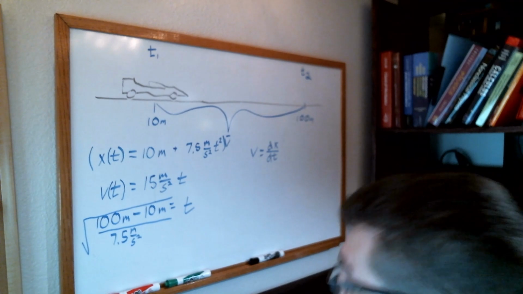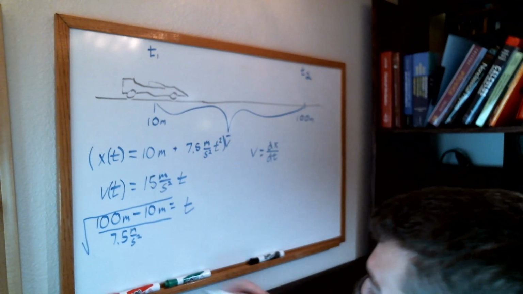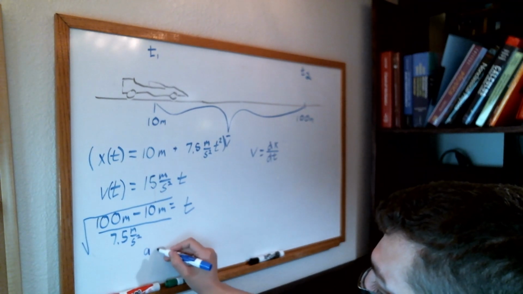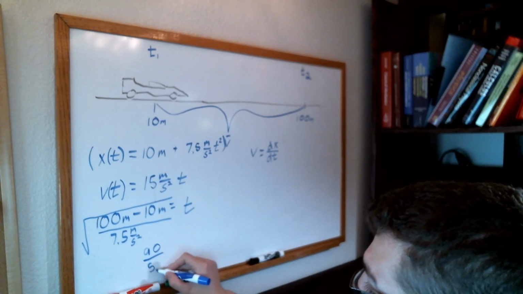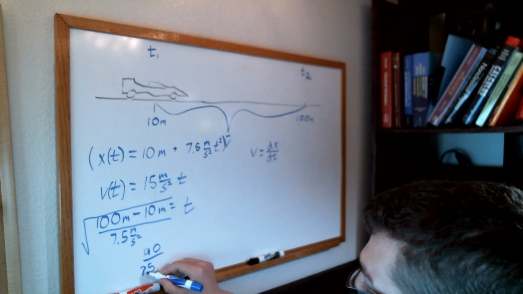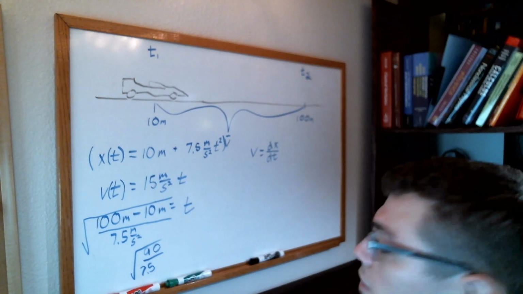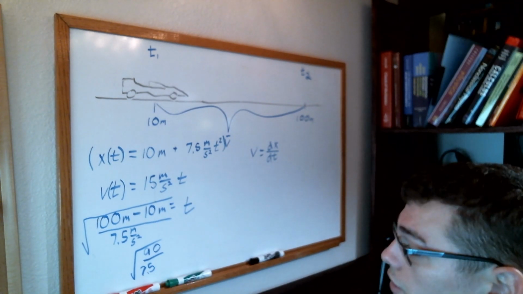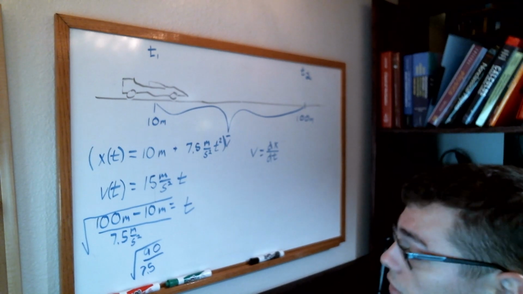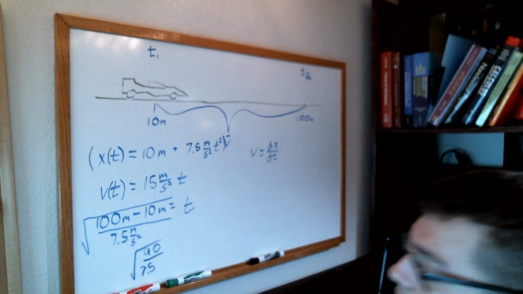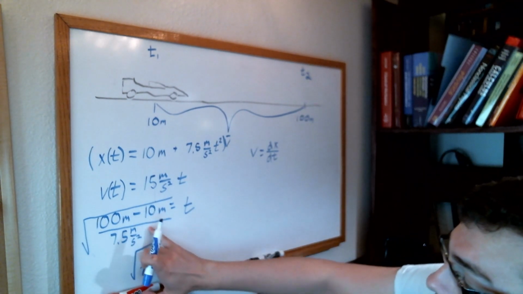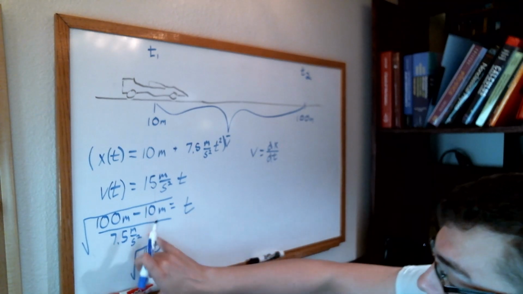So then we can do this pretty quickly here, and we'll get 90 over 7.5, and then we'll take the square root of that. Now this would be a good point to check our units just to make sure we haven't done anything wrong. On the top we're going to have meters, and on the bottom we're going to have meters per second.